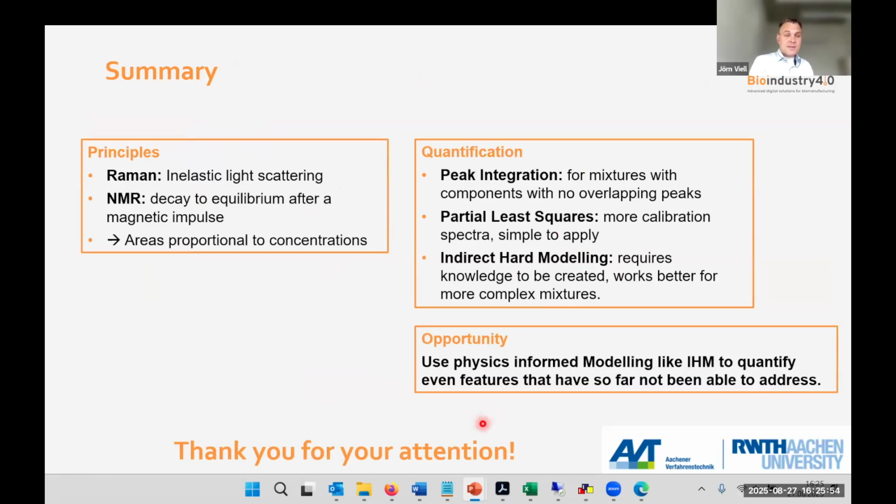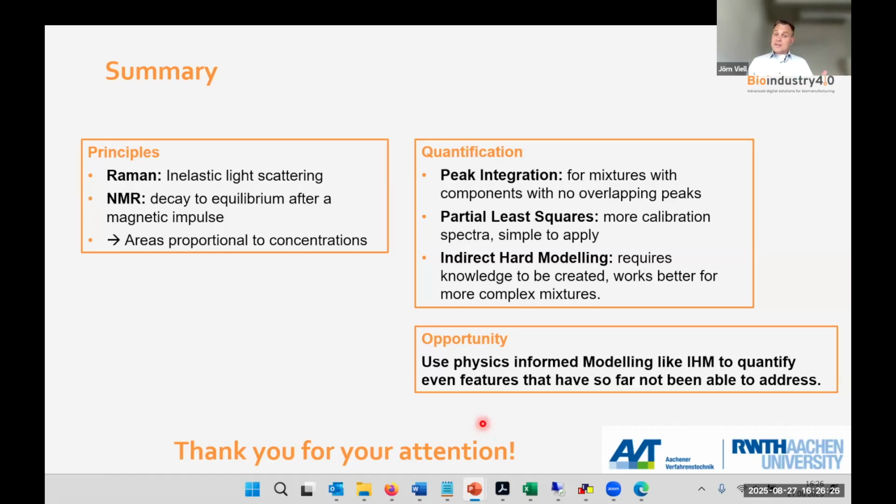So in summary, we have seen the principles of Raman and NMR. In particular, it's important to know that they are all based on the proportionality of the area in the spectrum to the number of molecules, so a quantification can be directly applied. We have seen a couple of techniques in order to quantify. First of all, peak integration, which is simple and very intuitive, but not very robust.